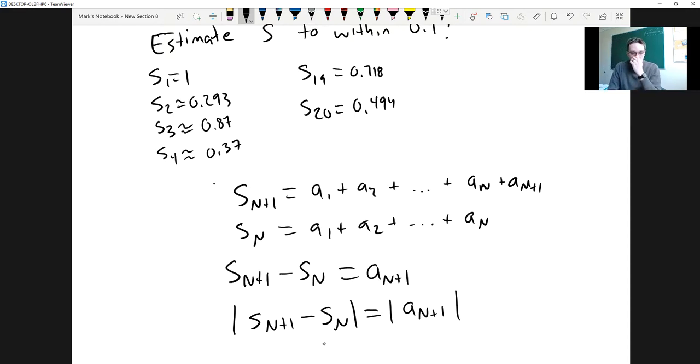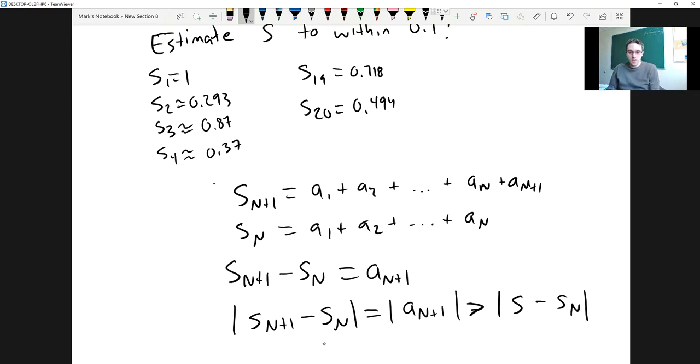So if we want a range to be less than 0.1, another way of saying this is that this gap between the n plus first partial sum and the nth partial sum, well, that's definitely bigger than the gap between the true sum and the nth partial sum.